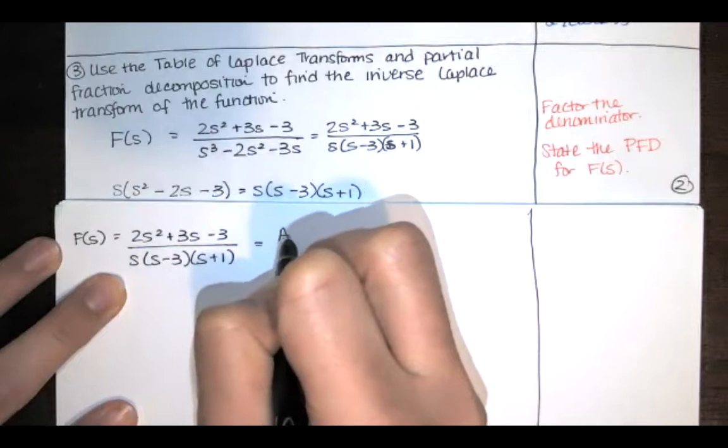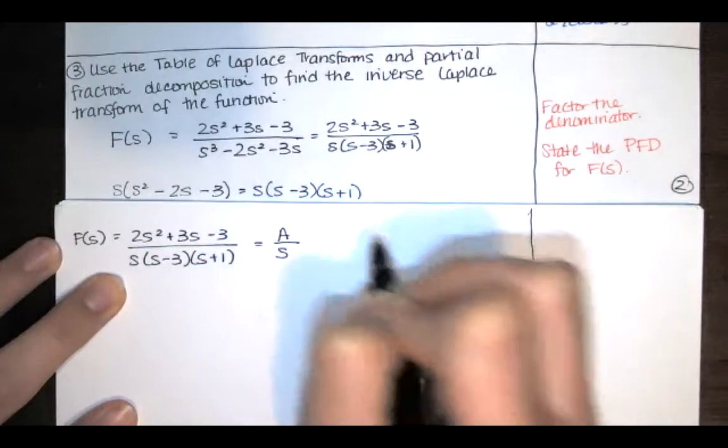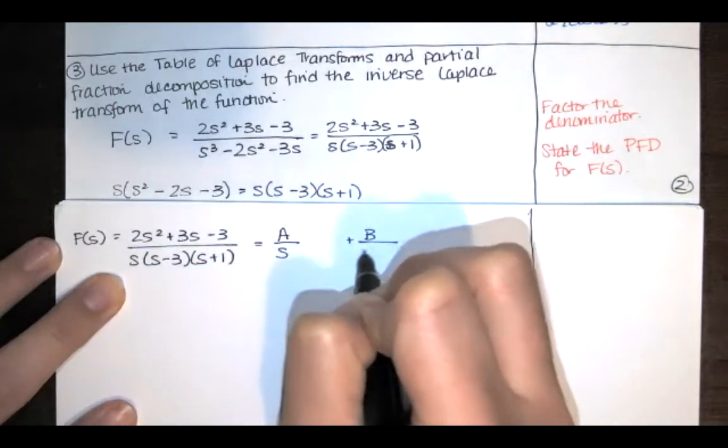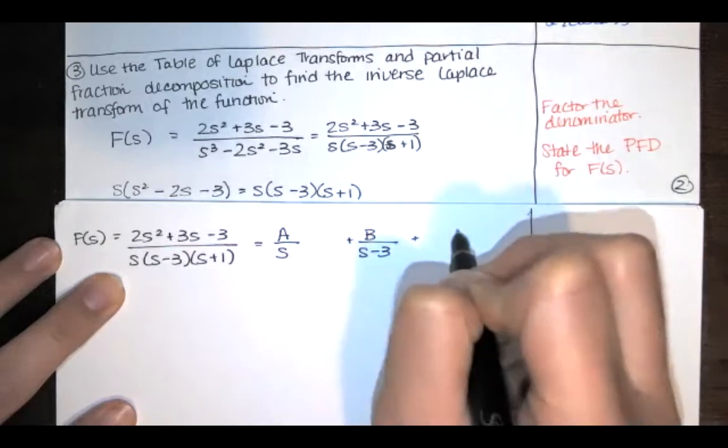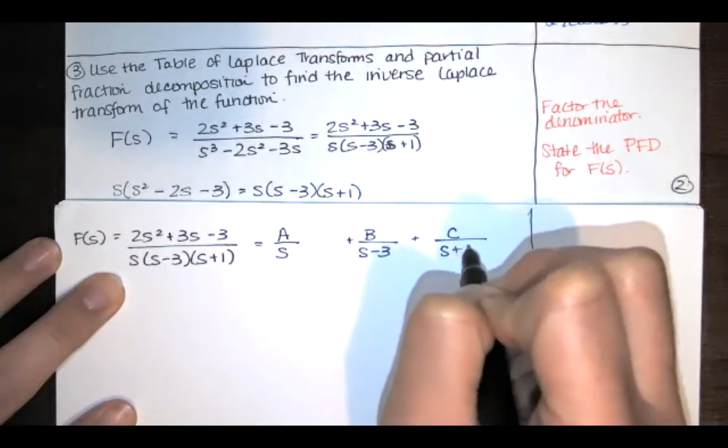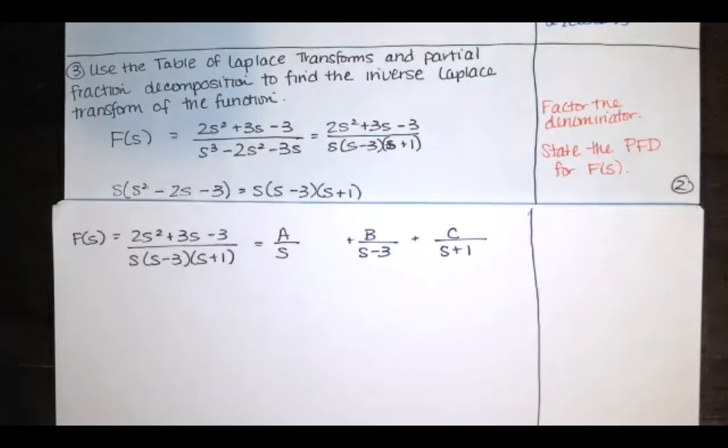It's going to be a constant over the first factor plus a constant over the second factor plus a constant over the third factor, where those constants are to be determined by us.